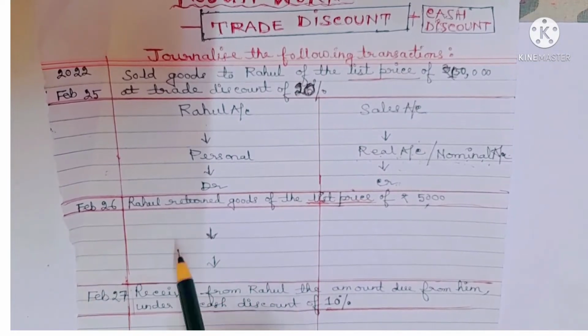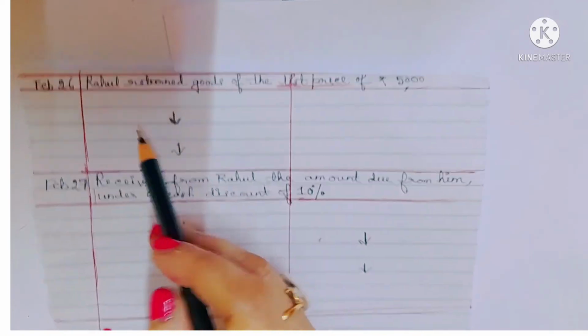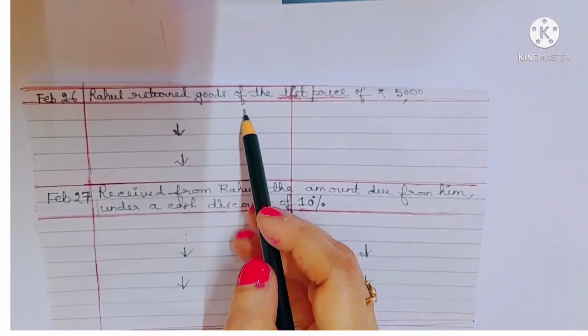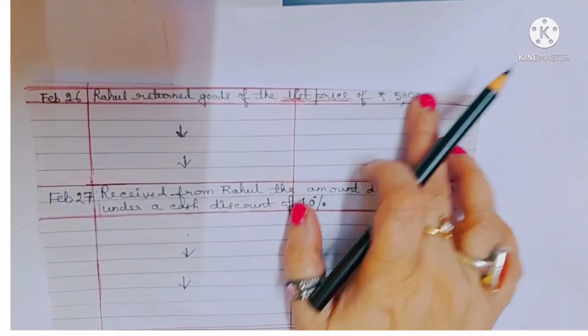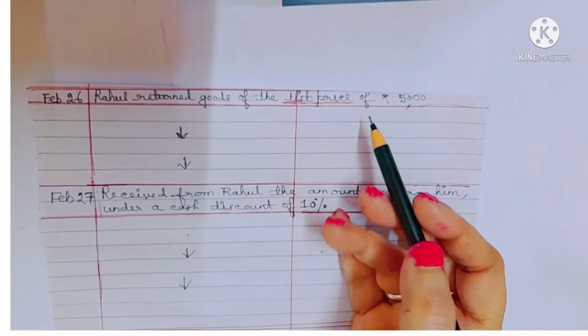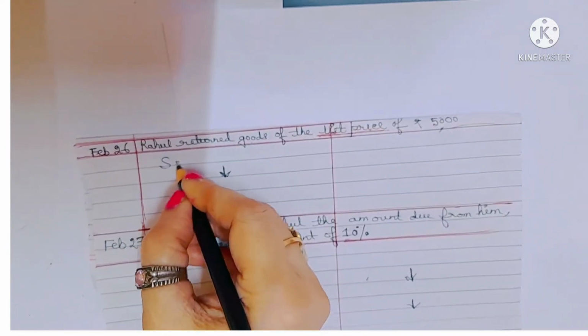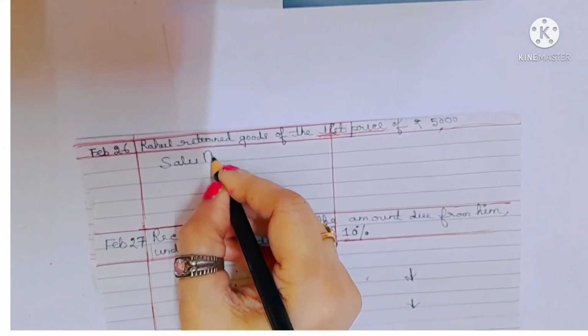What is the second journal entry? Rahul returned goods of the list price of rupees 5,000. So one will be sales return account.